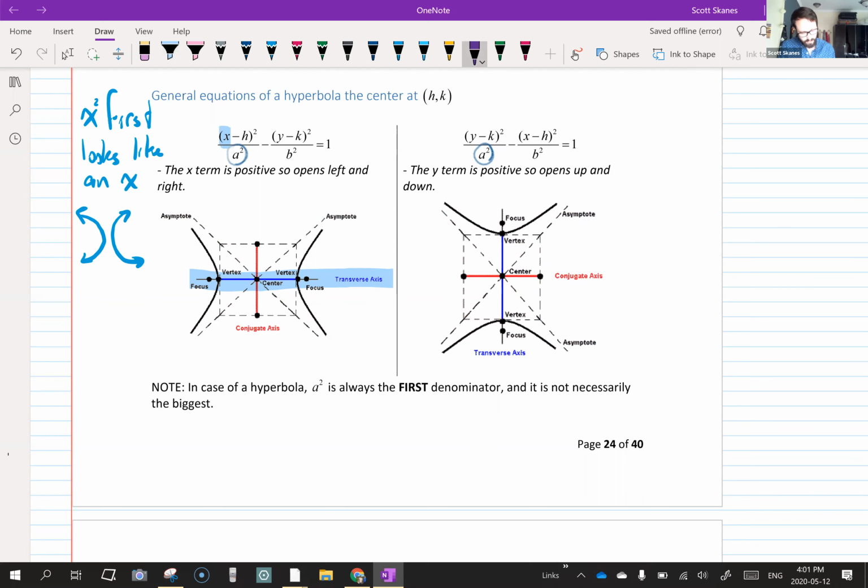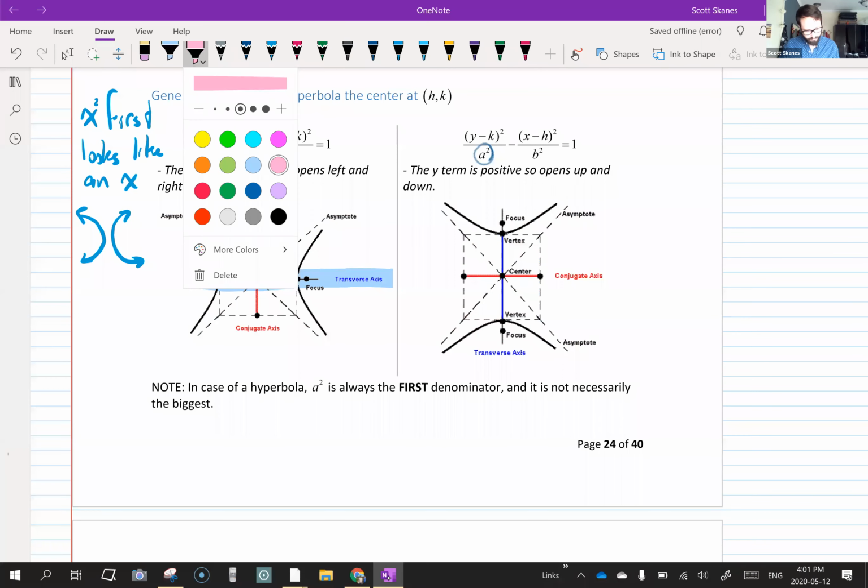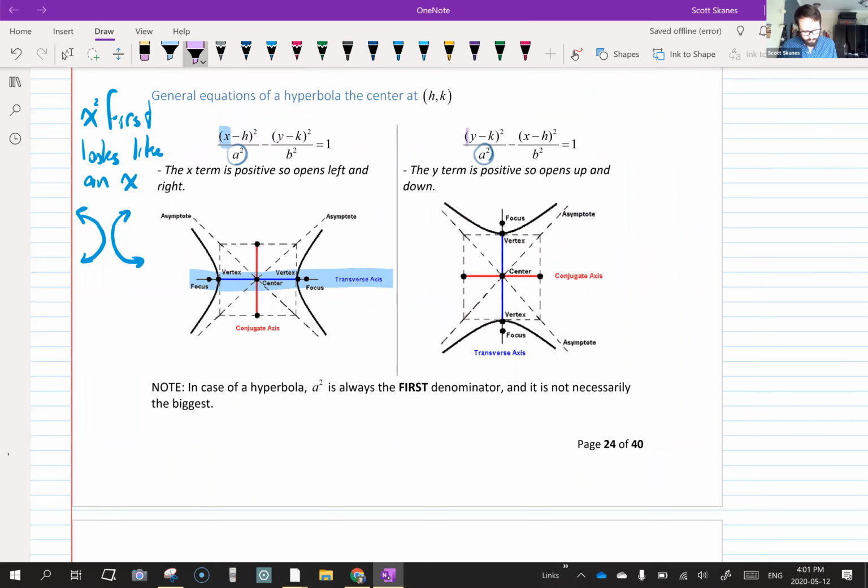Let's go over to the other side. If you have y first, what do you think that means? If you have y squared first, again, Tom did this in his videos. I hope you're watching them because there's a ton of examples that I'm going to skip today. It looks like a y. I don't know, maybe it doesn't look like a y. What I mean by that is it kind of looks like this. You can imagine it's like part of a y.